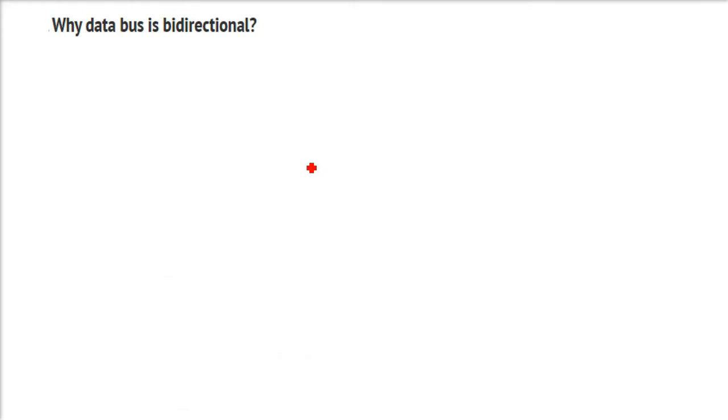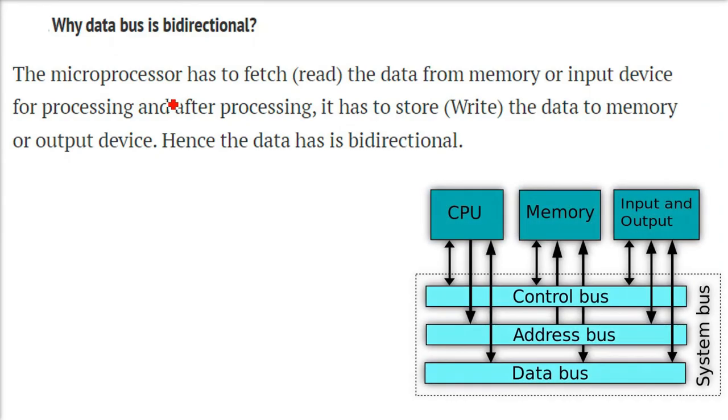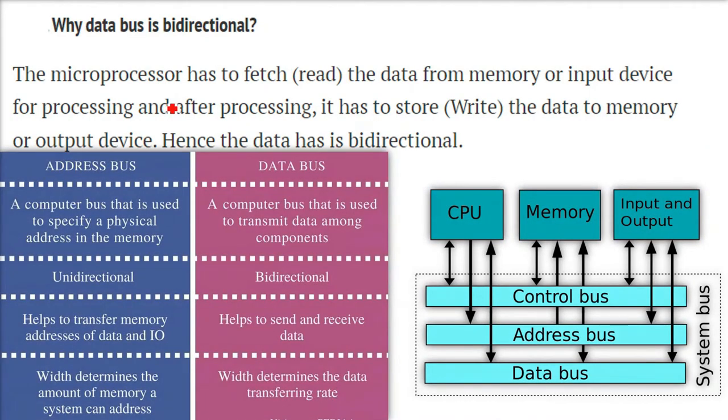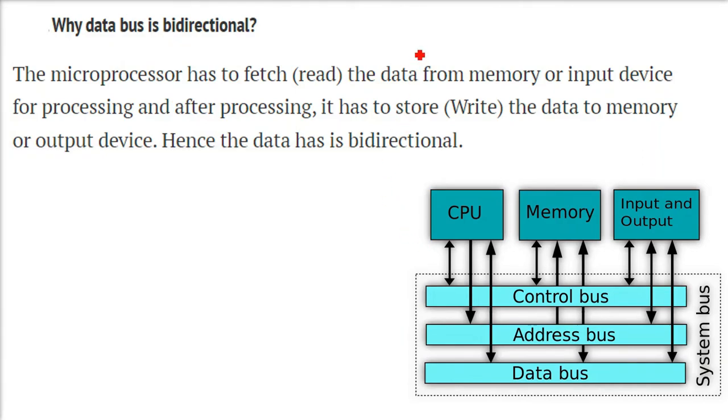Why is the data bus bidirectional? Now this has a lot of concepts inside it: data bus, address bus, memory bus. First, let me show you the whole scenario. In any microprocessor system, you need to have a control bus, an address bus, and a data bus. The address bus is going to fetch the memory address, but data can go in both directions.